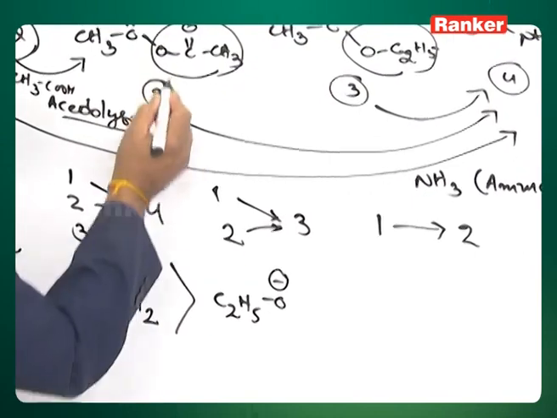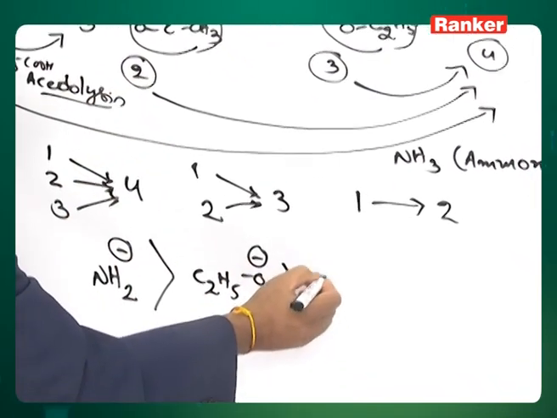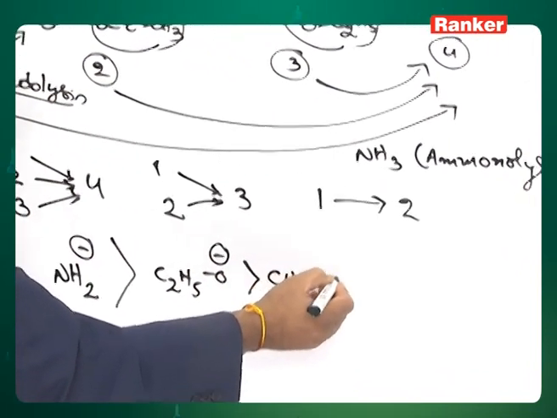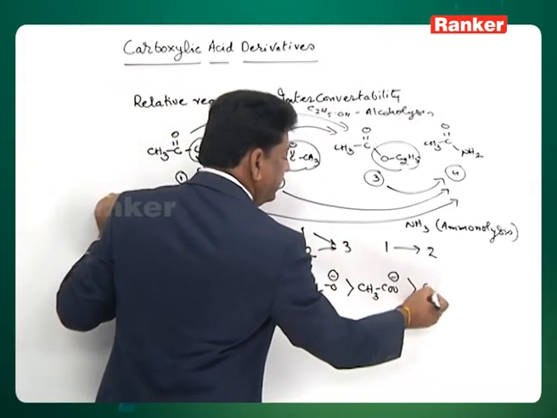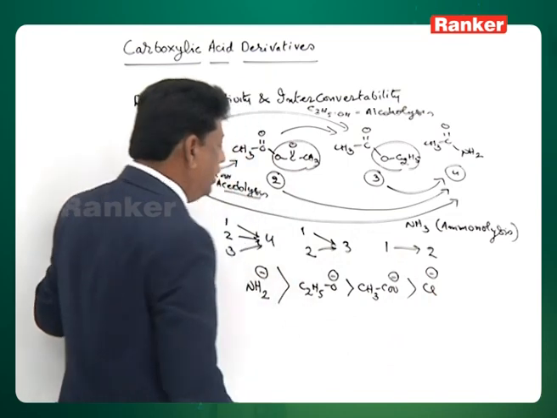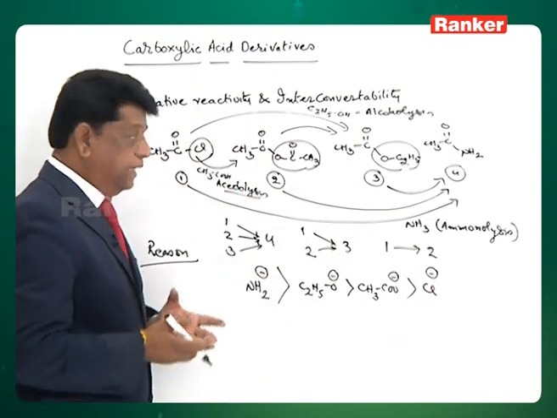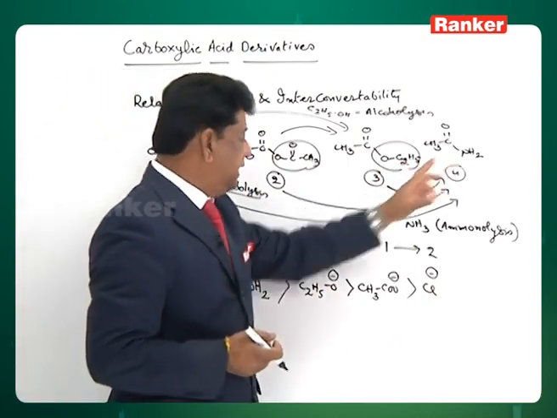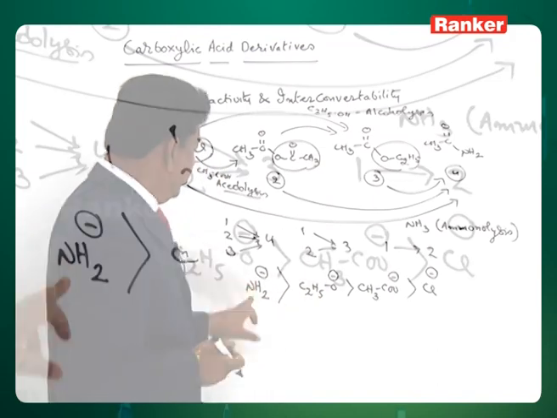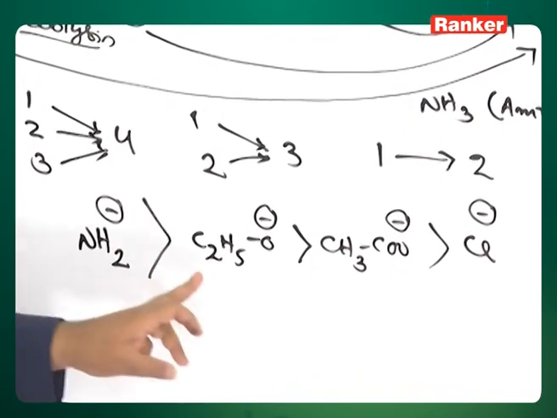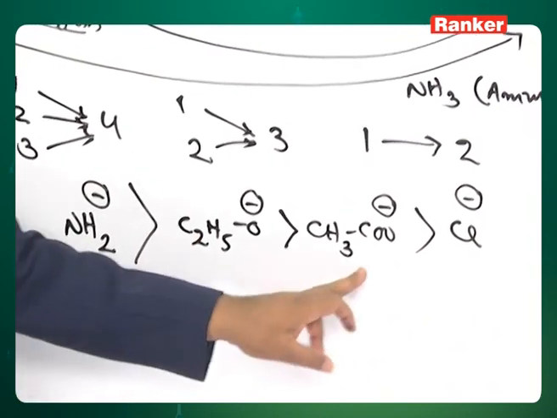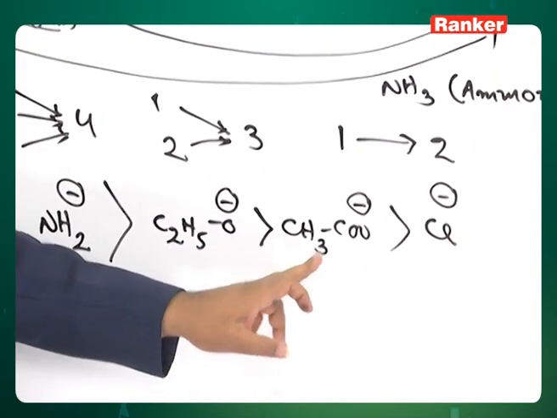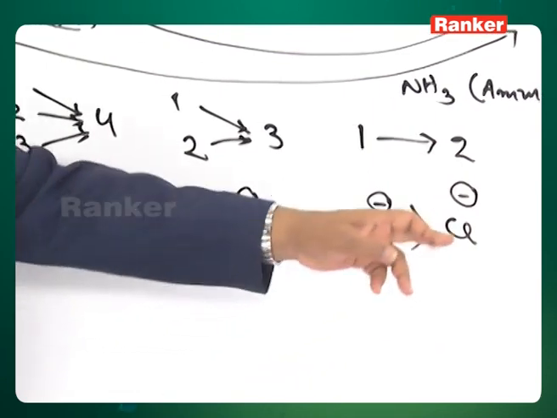Then the last but one is the acetate anion, CH3COO minus. Then comes Cl minus. So, NH2 minus can replace all three, and ethoxide is stronger, so it can replace these two. Acetate is stronger than Cl minus, so it can replace it.